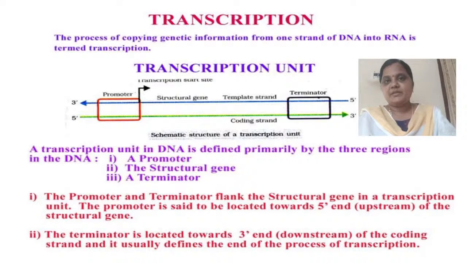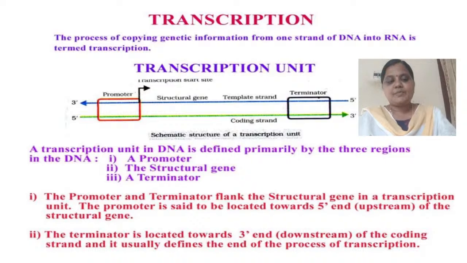Once again, I'll repeat, note this: the structural gene in a transcription unit can be monocistronic or polycistronic. Monocistronic means they are present mostly in eukaryotes, and polycistronic, they are present mostly in bacteria or prokaryotes.